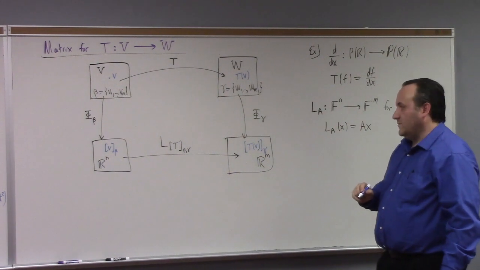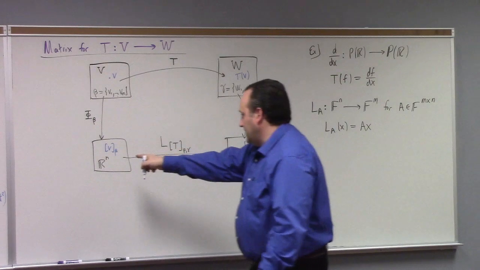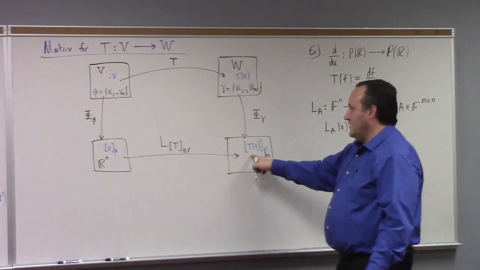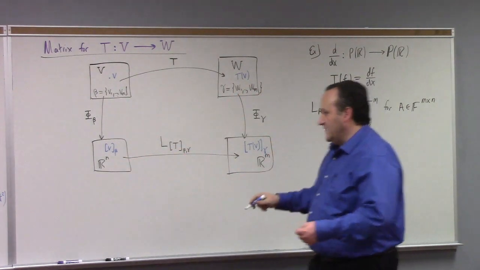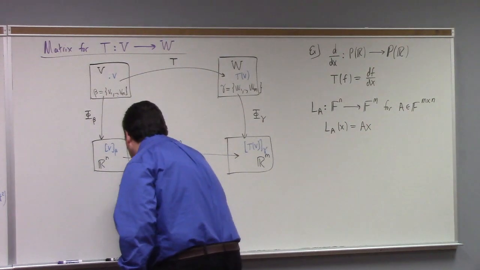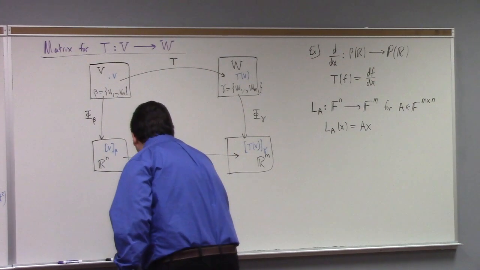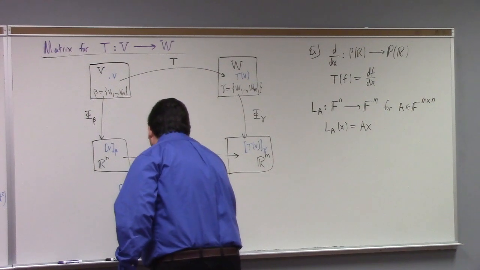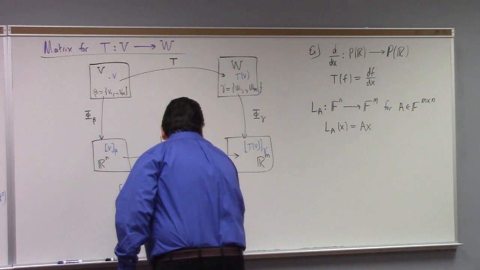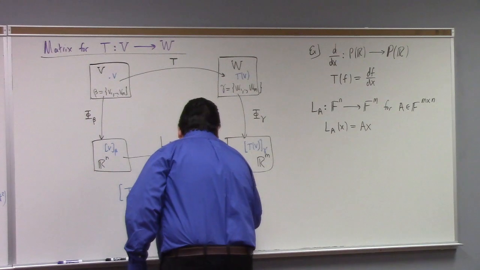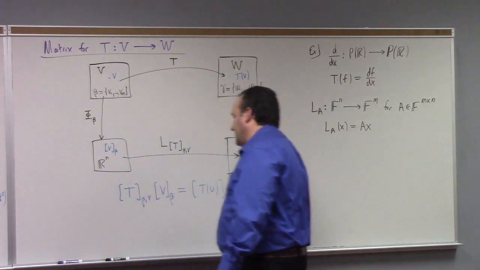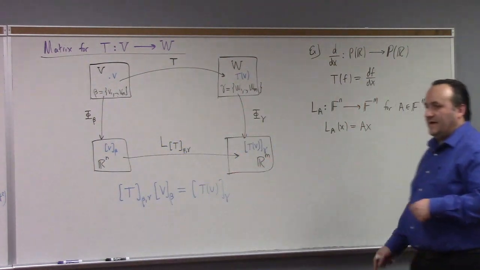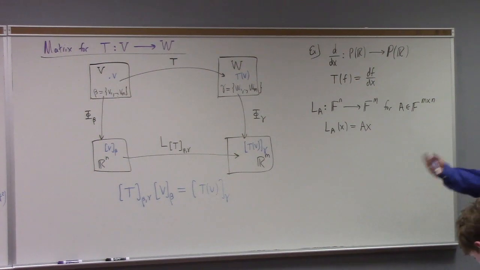Okay? So specifically, the matrix which goes from here to here, we want this to happen: we want the matrix [beta, gamma], when it multiplies v beta, to be equal to T of v with respect to gamma. So that's one way of defining the matrix of the linear transformation.